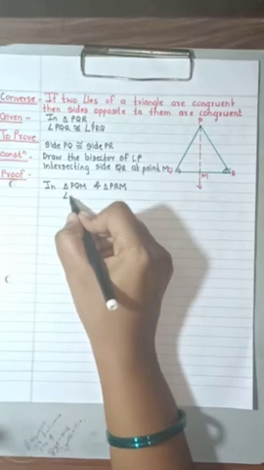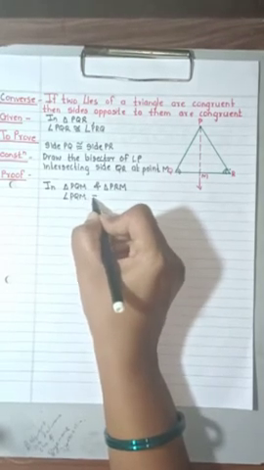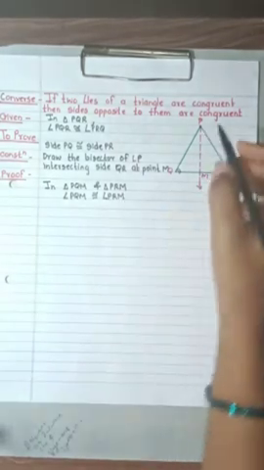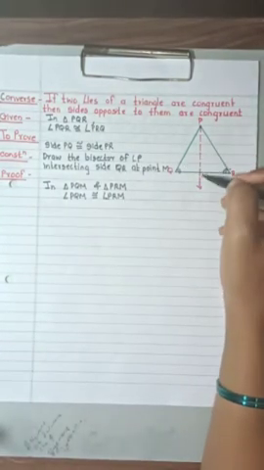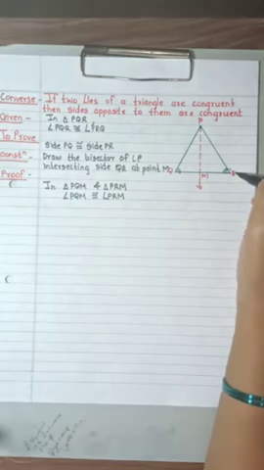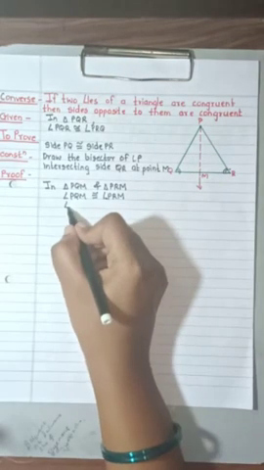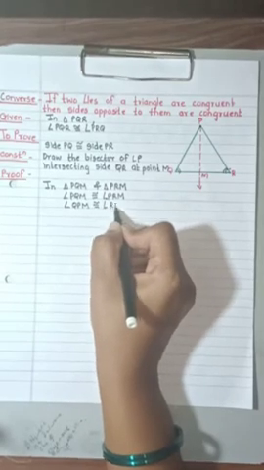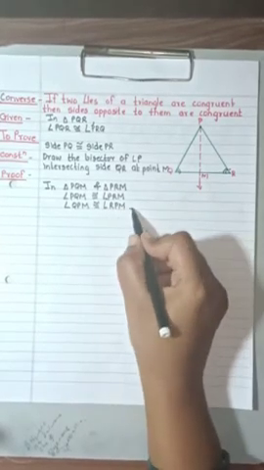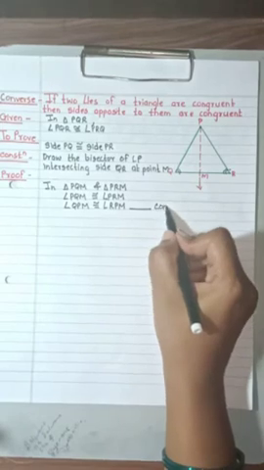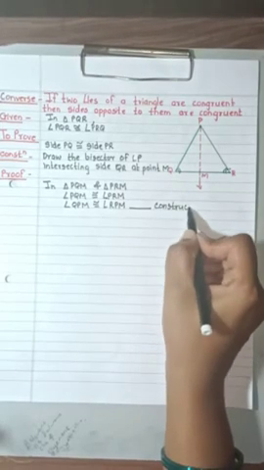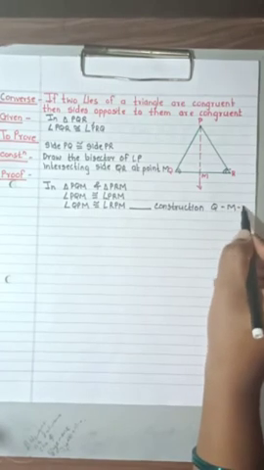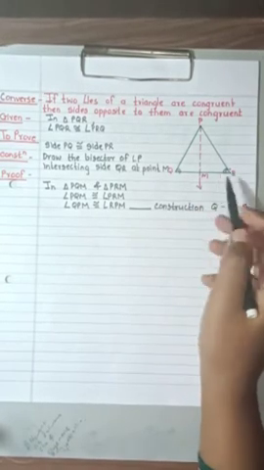Angle QPM is congruent to angle RPM, and you can write down here construction. Q-M-R, M is the midpoint of segment QR.